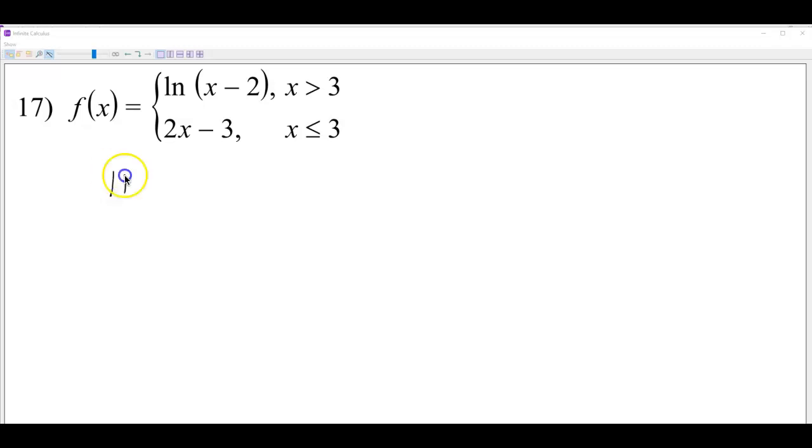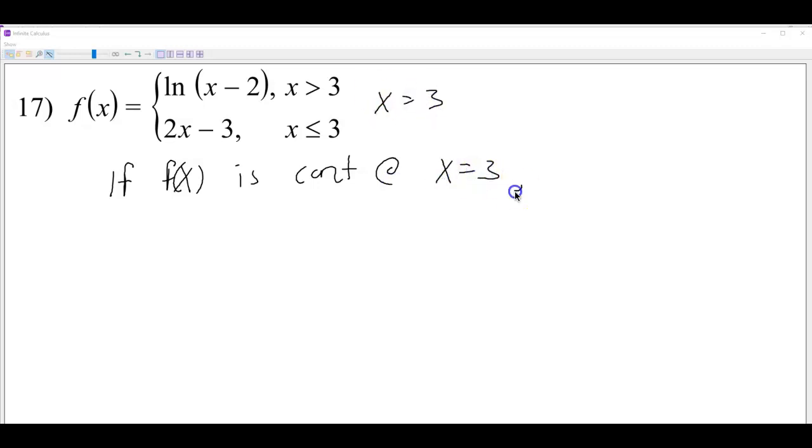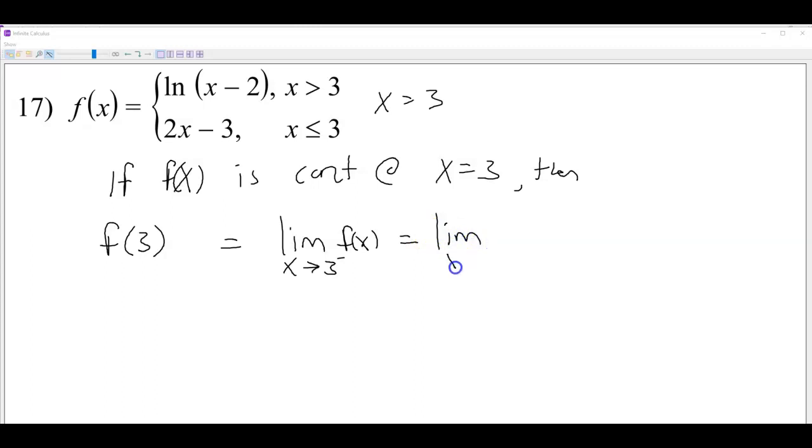All right, so if f of x is continuous, and this should say at x equals 3, then f of 3, same thing, should be equal to the limit as x approaches 3 from the left and as x approaches 3 from the right.